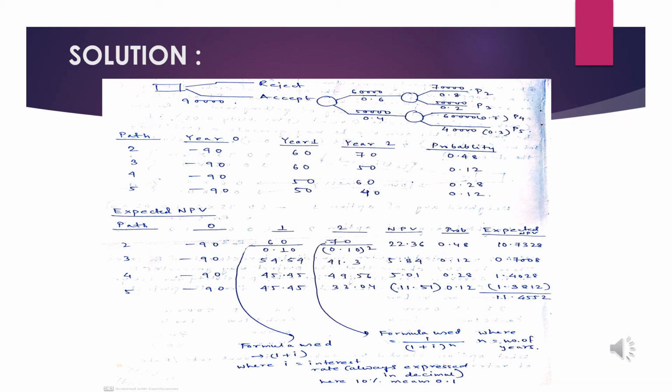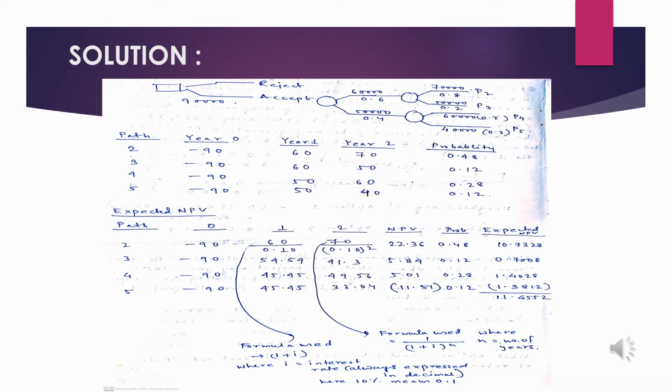Now if we need to transfer to the present worth value, one particular formula which we need to use is 1 divided by (1 plus i) whole to the power n, which gives us the value of future worth which we can transfer back into present worth.